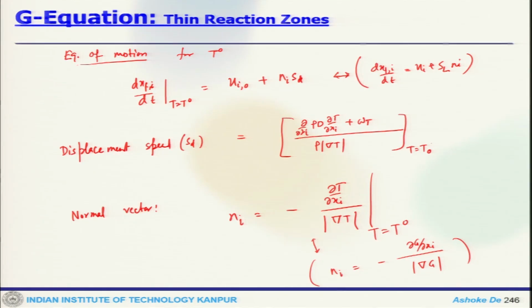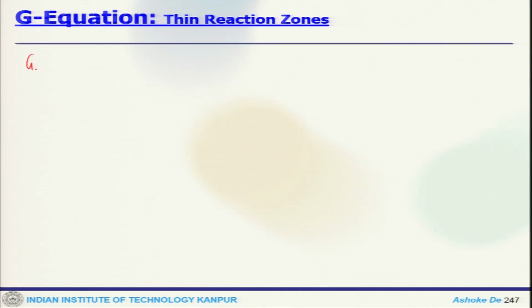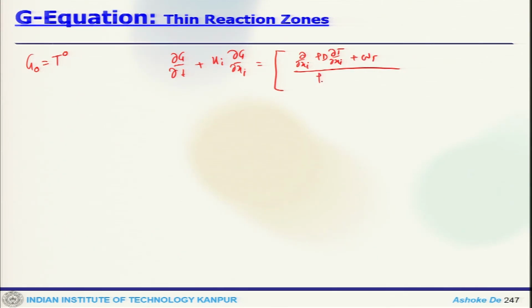Now we can use this G naught equals our T naught, and we write del G by del t plus ui del G by del xi equals d/dxi of rho D dT/dxi plus Wt over rho delta T, at T naught, times magnitude of delta G, and this is nothing but our displacement speed.